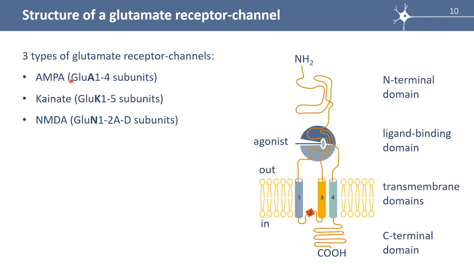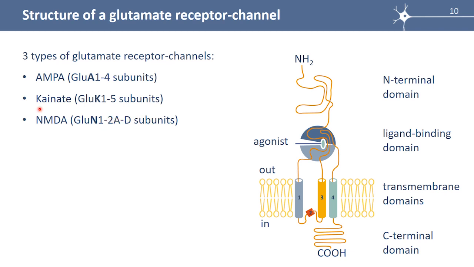For AMPA channels, these subunits are called GluA1 to 4. There are 4 different, and then you have many combinations possible. The kainate receptor channels are made out of GluK1 to 5 subunits, and the NMDA receptor channel is made up of 4 GluN subunits, from GluN1, GluN2 A to D subunits.